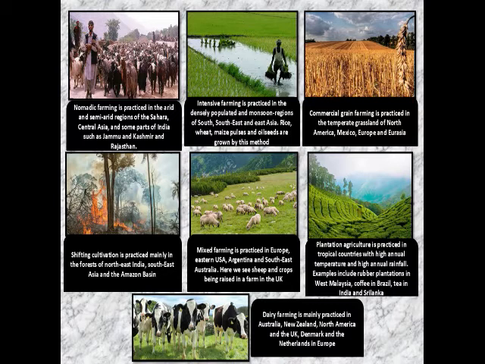Dairy farming is mainly practiced in Australia, New Zealand, North America, and in Europe in the UK, Denmark, and the Netherlands. So these are the regions where the types of farming, that is nomadic, shifting, mixed, plantation, dairy, intensive, and commercial grain farming, are practiced all over the world.